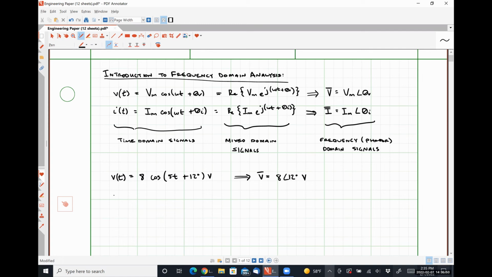Let's say that we had a current i of t is equal to 7 sine 3 pi t minus 13 degrees amps. What would the phasor representation of this current be?